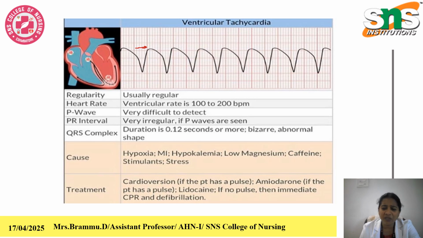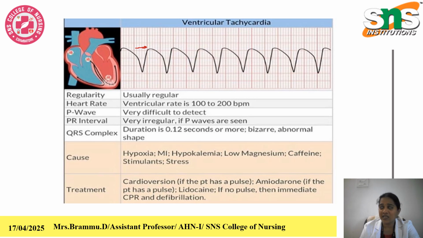So what can be the major causes of ventricular tachycardia? Is it going to happen for all normal adults? No, of course not. In case of any hypoxic state, such as a respiratory problem, or multi-organ dysfunction, the patient can develop ventricular tachycardia.